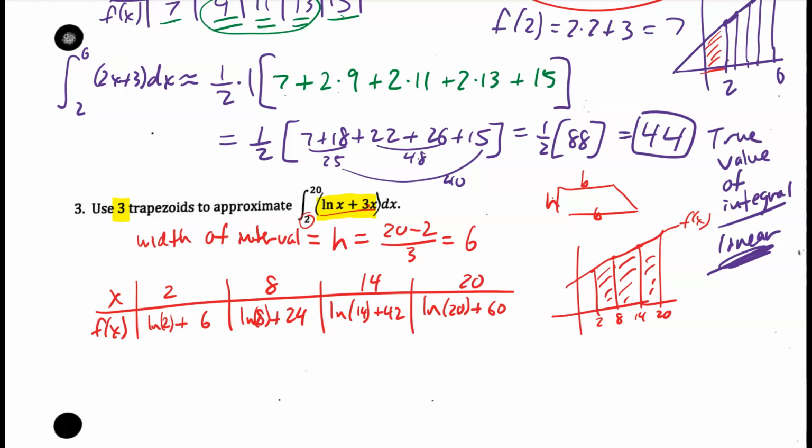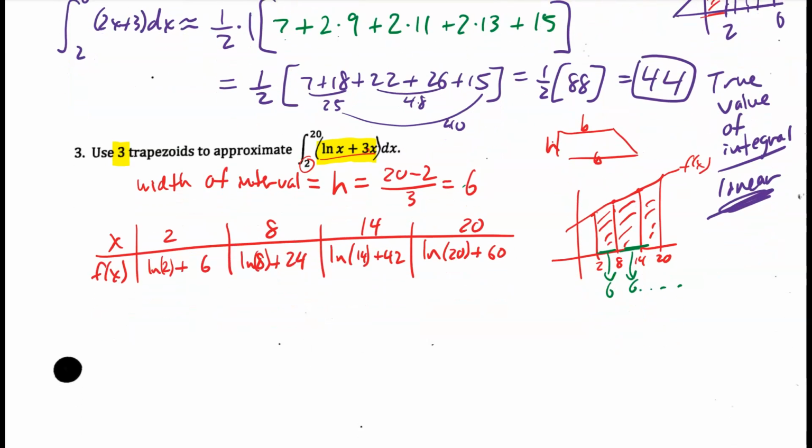In fact, I'm pretty sure it doesn't look like that. But a basic idea of a picture in your head or on paper sometimes helps tremendously. So as a reminder, this right here, that's that 6 we were talking about. This is also a 6, and so on. So that's your height.